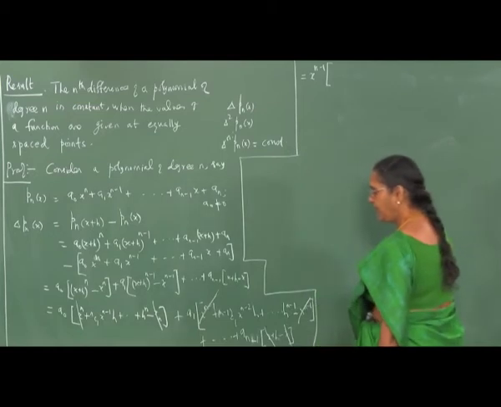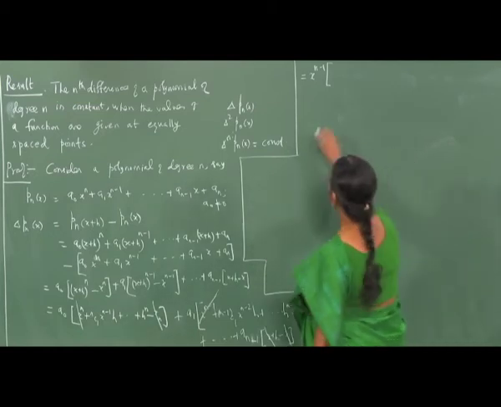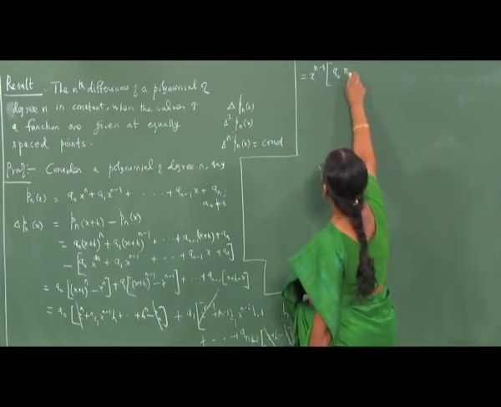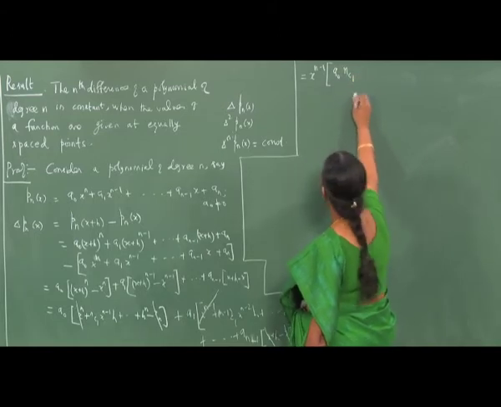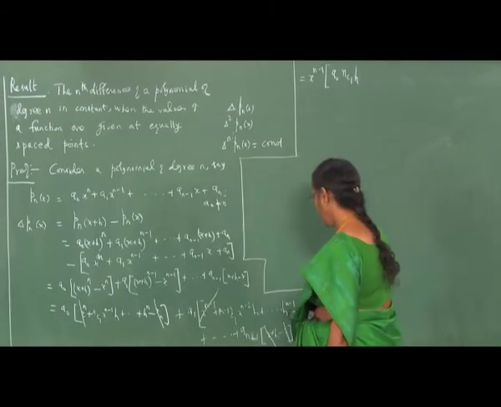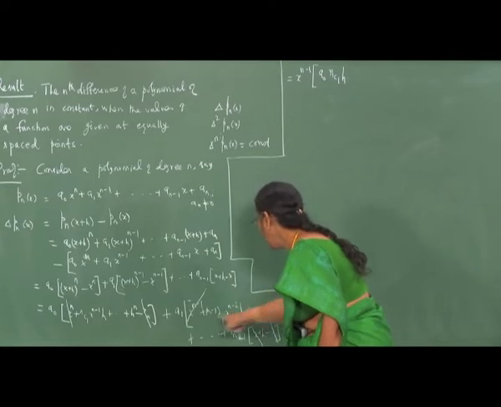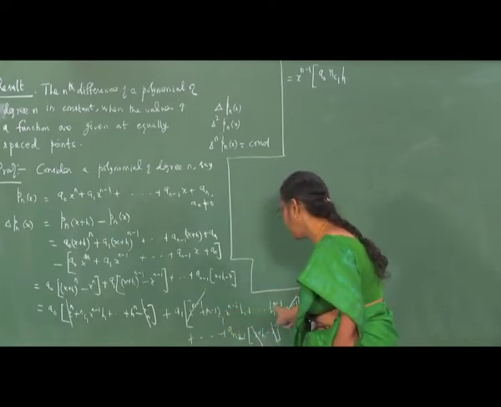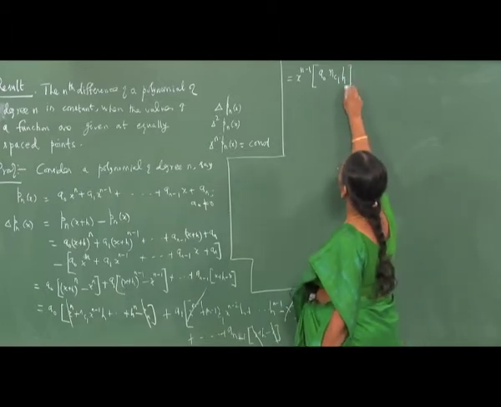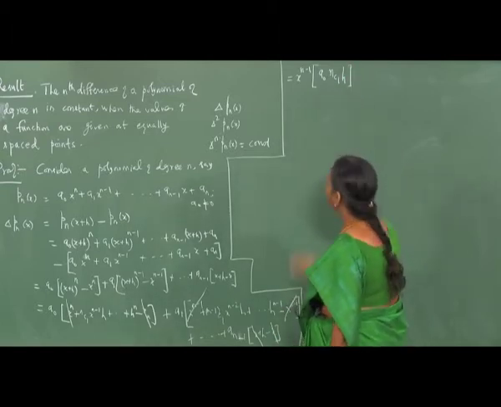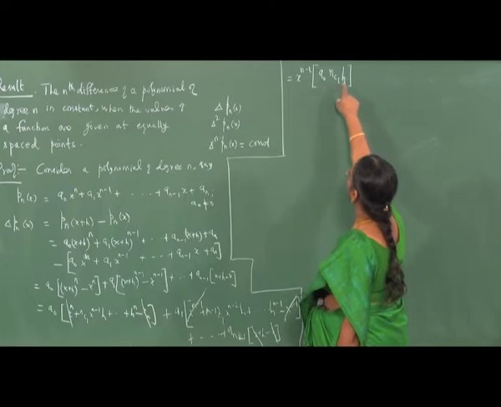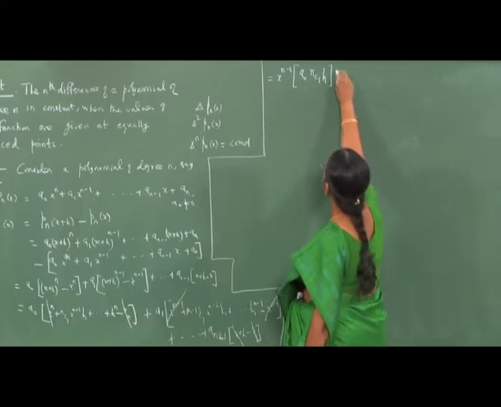So, x power n minus 1 term survives and its coefficient is a naught into nc1 into h. And there are no x power n minus 1 terms here, and so this is the only term with coefficient a naught nc1 into h for x power n minus 1.